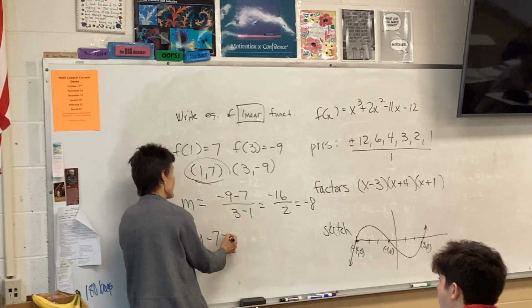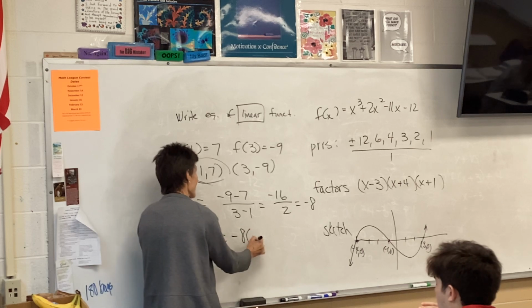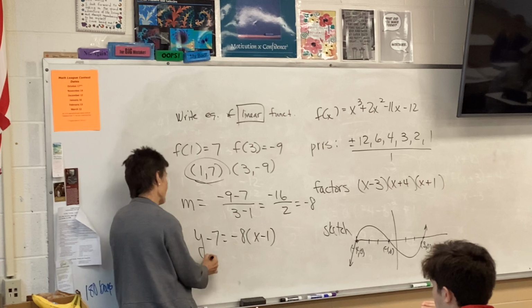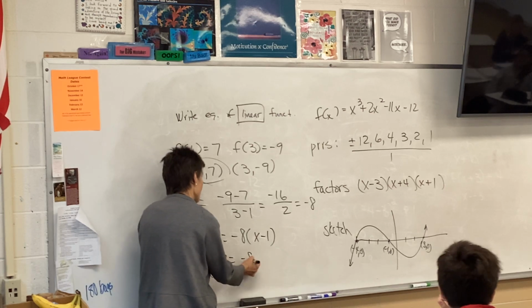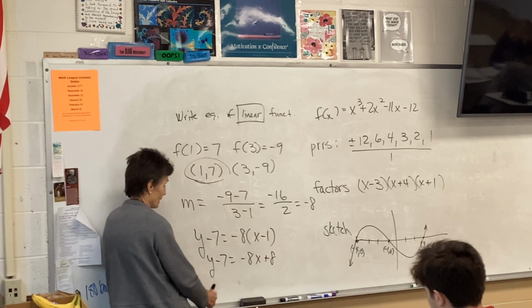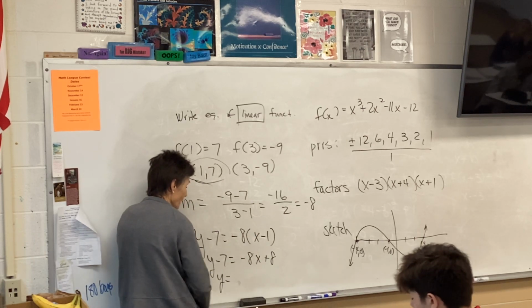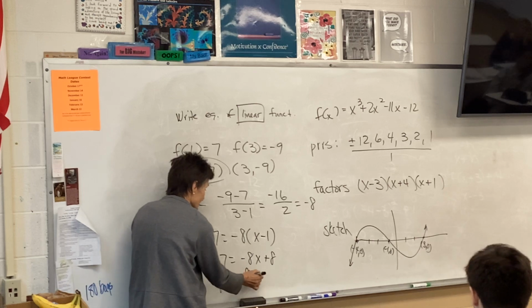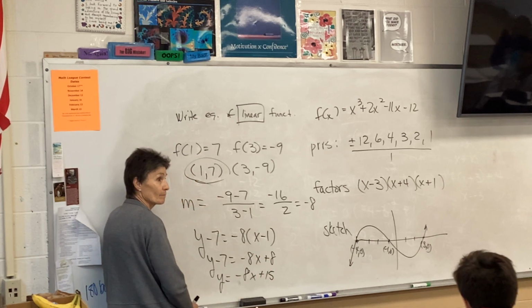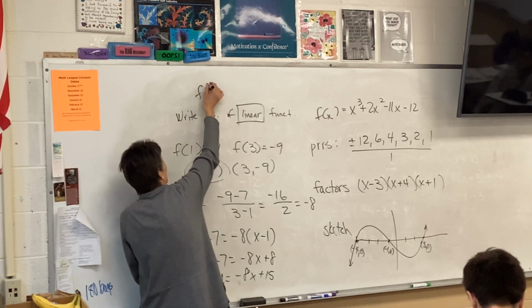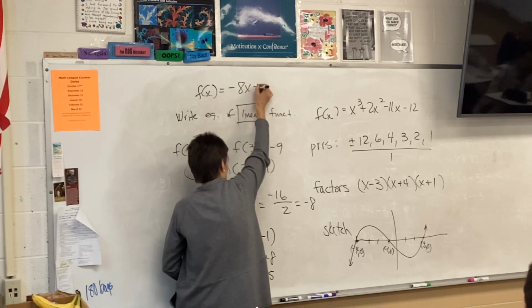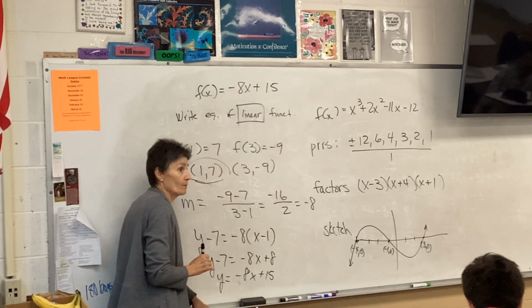So y minus 7 equals negative 8, x minus 1. Distribute, watching my negative very carefully there. So it looks like my answer is negative 8x plus 15. It is supposed to be a function, so I'll put negative x here. And there it is.